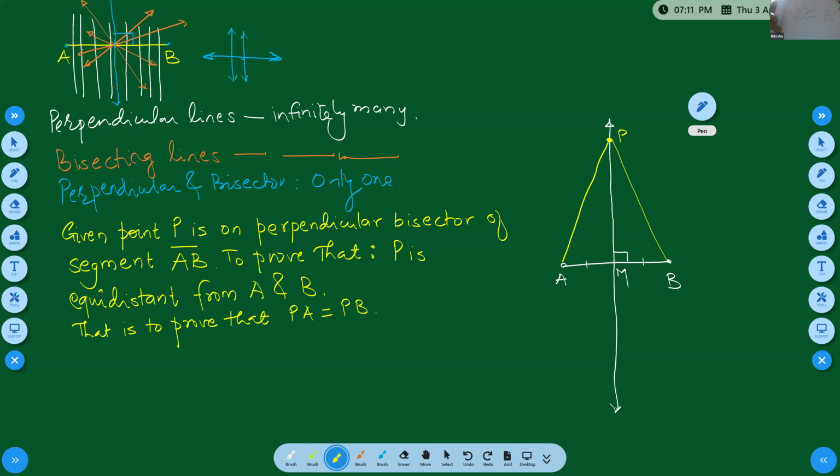Is this correct? You should show me the name of the test. That's all. Otherwise, it is going to be difficult to read the proof. SAS test.